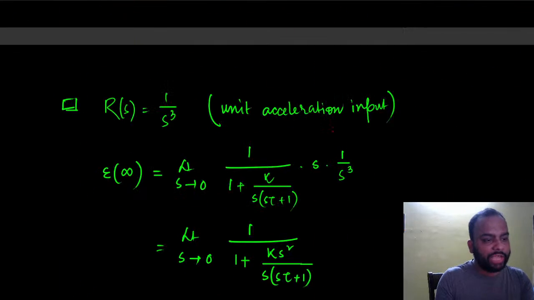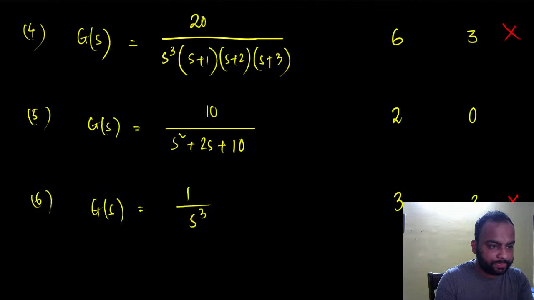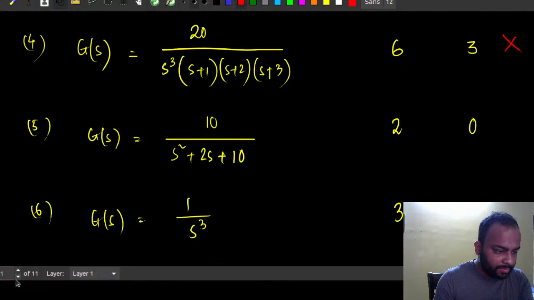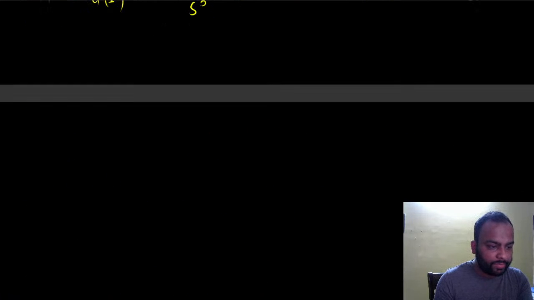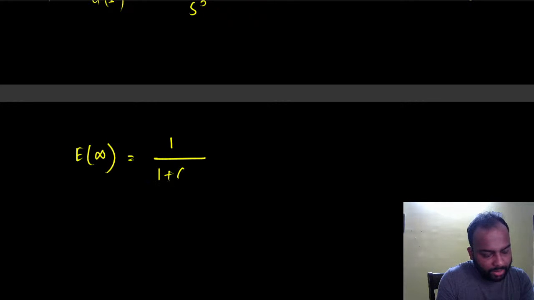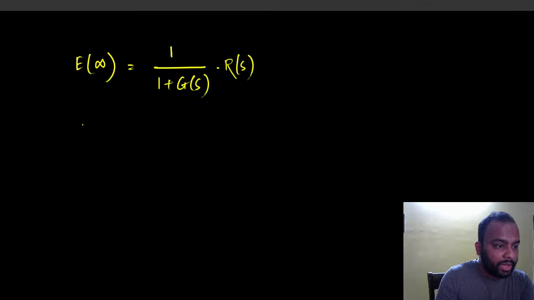All right, so if I go back to the very definition of this error, we saw that the Laplace transform of the error signal was equal to 1 by 1 plus G(s) times R(s). So essentially E(s) is that, right?